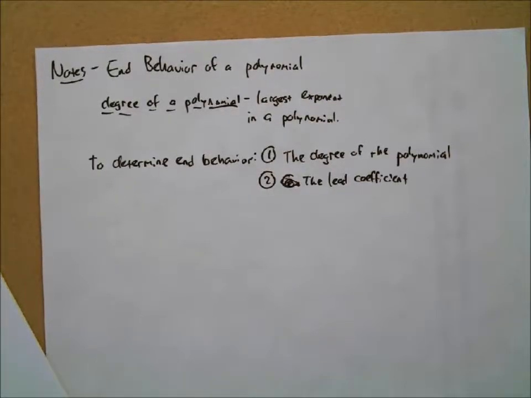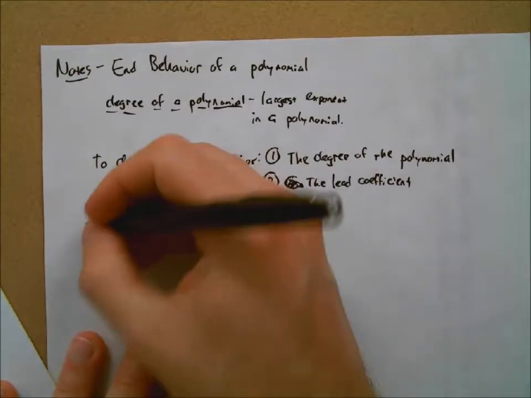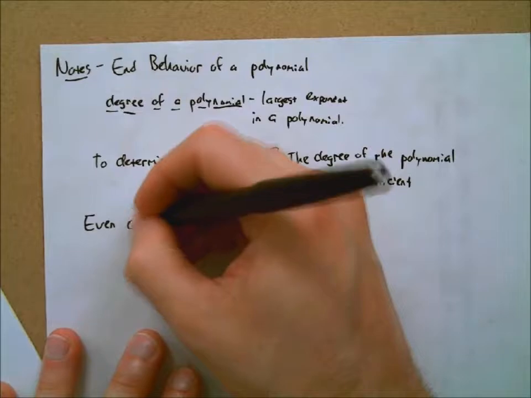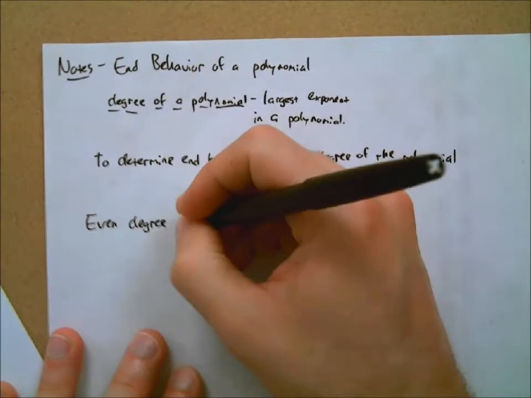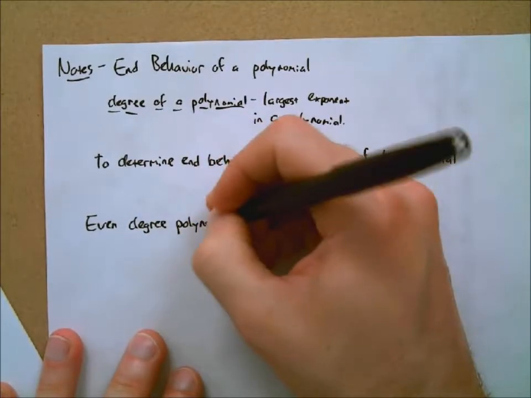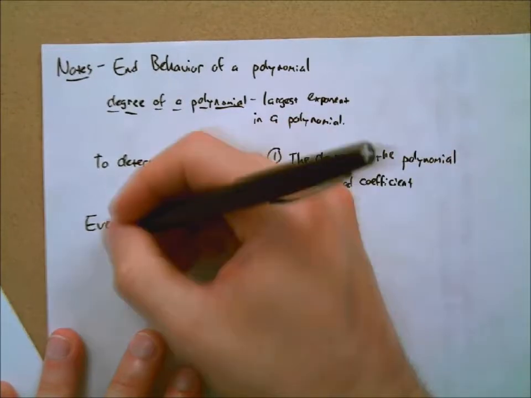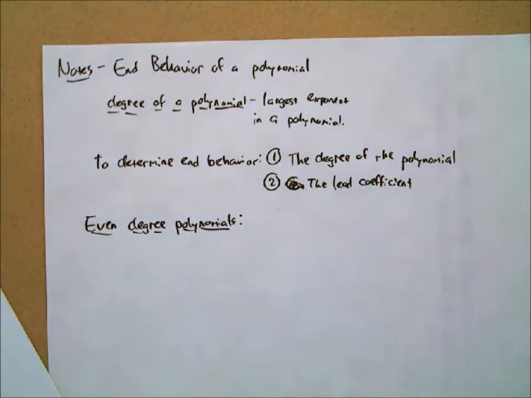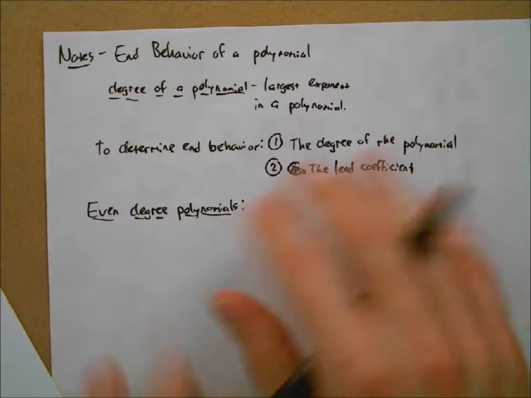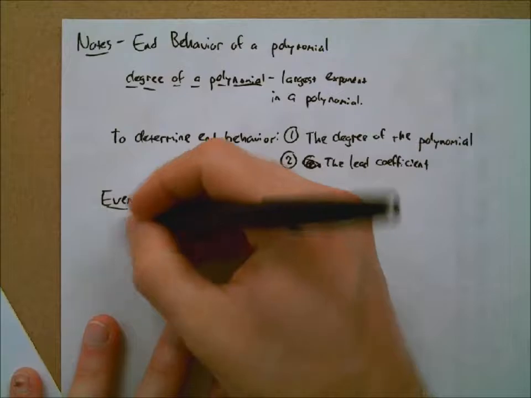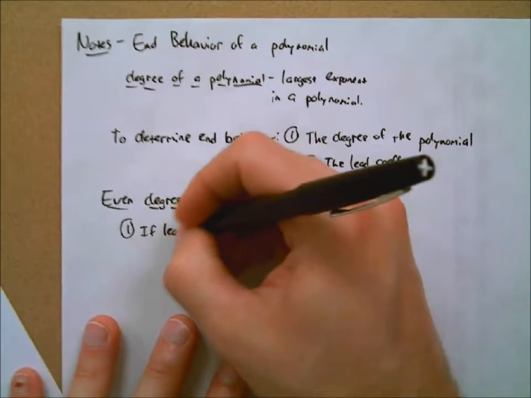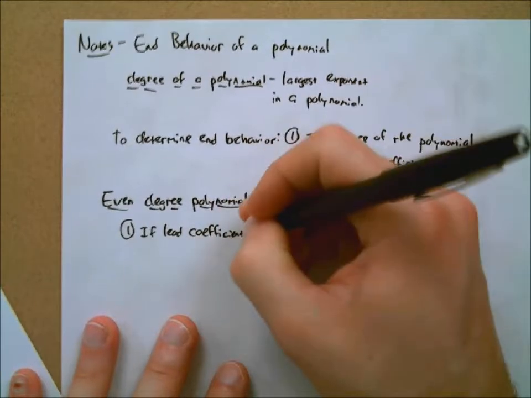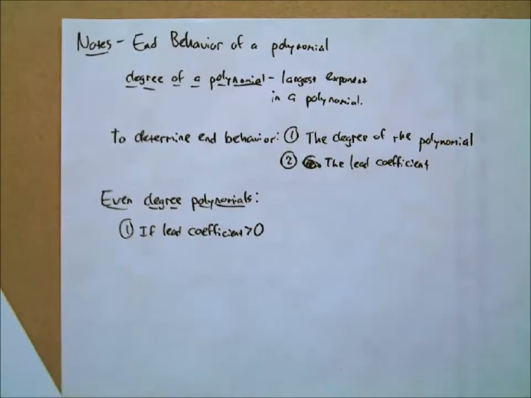Okay, the end behavior. So we'll just break it down into 2 things here. For even degree polynomials, if the lead coefficient is greater than 0, like that.